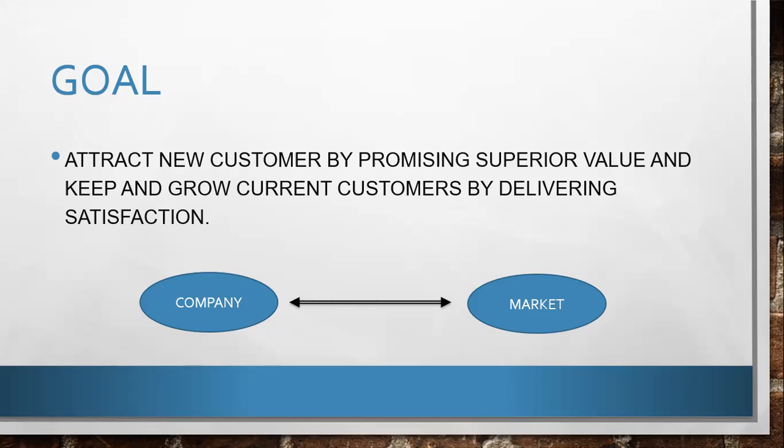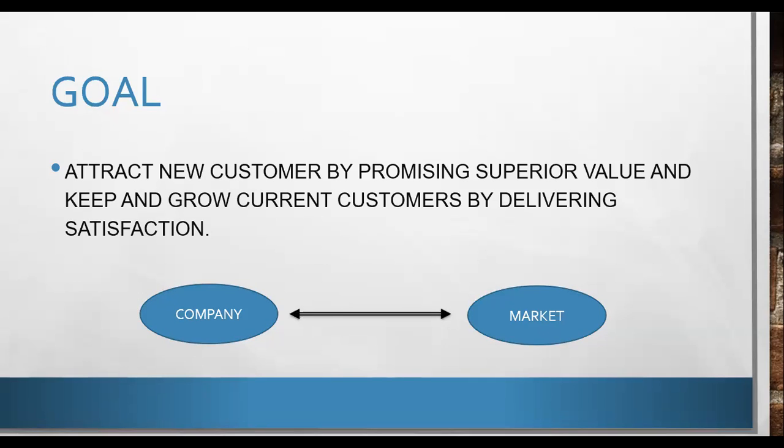If you want to attract new customers, if you want to retain your current customers, don't change anything regarding the customer satisfaction. Instead, improve it more. So as you can see, we have the company here, an arrow, and the market. What does it mean?